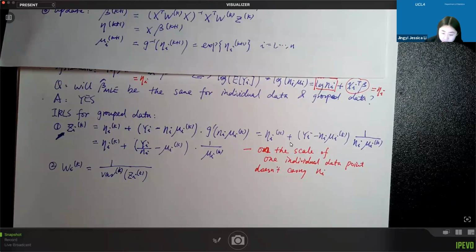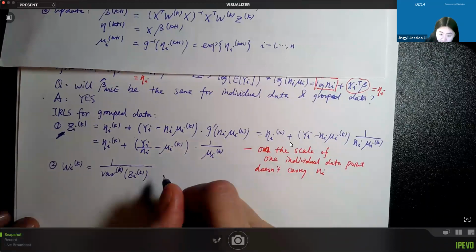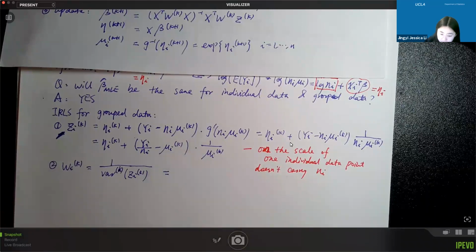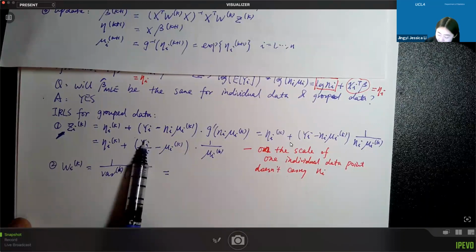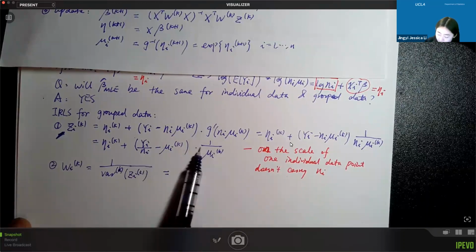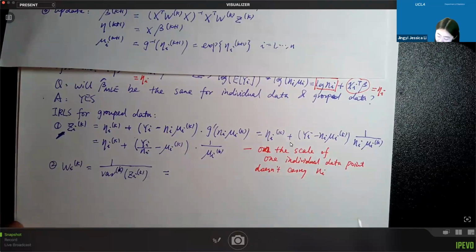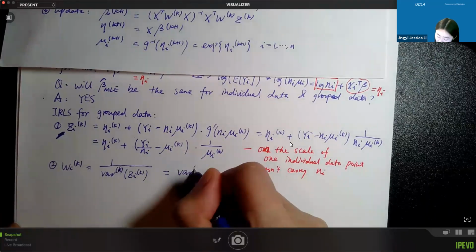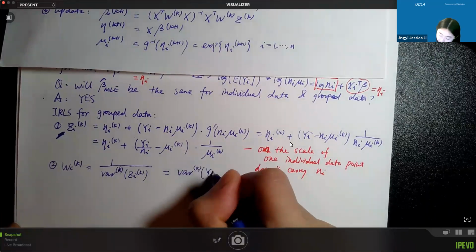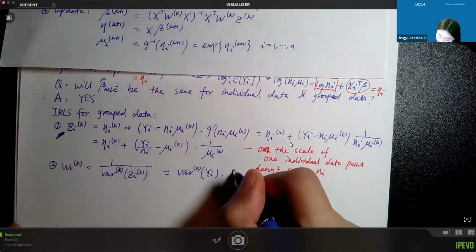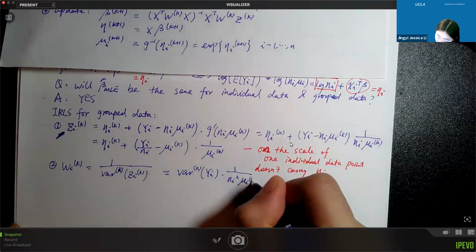So what would be the variance here? It's actually equal to, with y_i divided by n_i times mu_ik in the denominator, the variance of y_i times the square of n_i squared mu_ik squared.